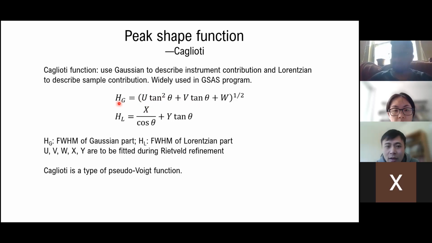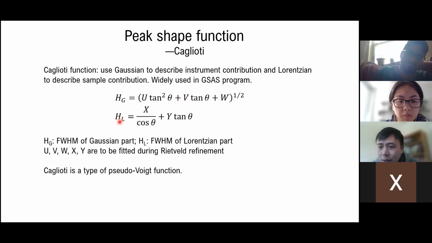So we see for this Gaussian part, there are 3 parameters to be fitted during a real refinement. In the GSAS interface, you'll see something like GU, GV, and GW, and those stand for the UVW parameters relating to the Gaussian part.